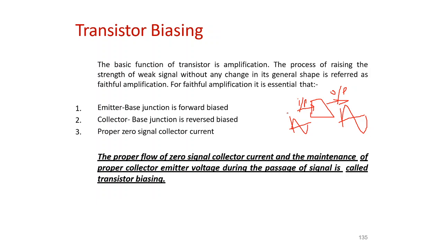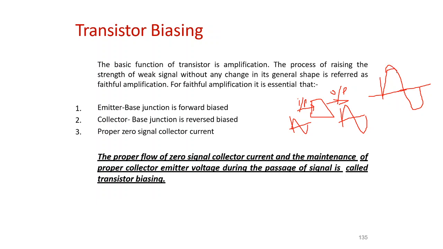Suppose the biasing is not done properly. Even if I give a sinusoidal input, the amplifier will produce an output like this, where the peak has been clipped off and removed.